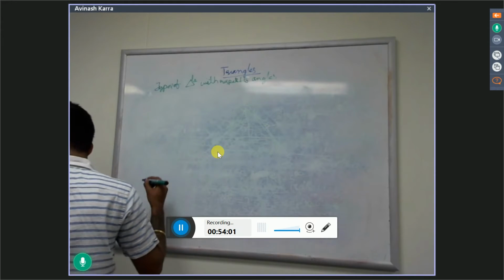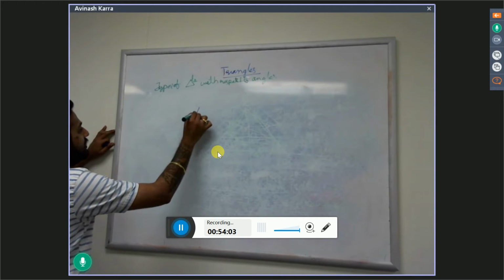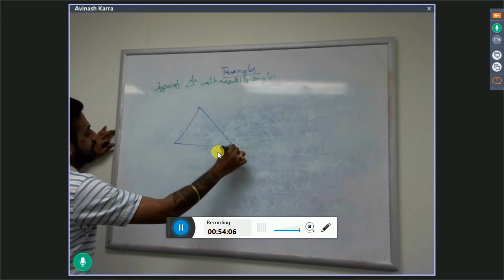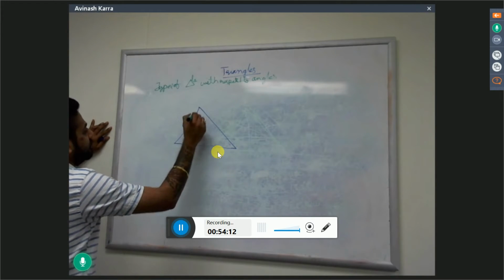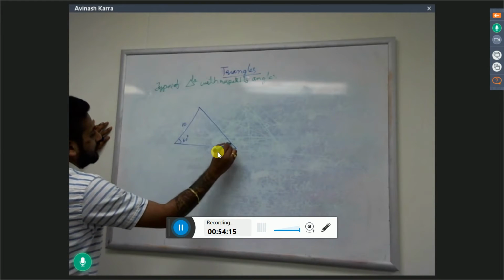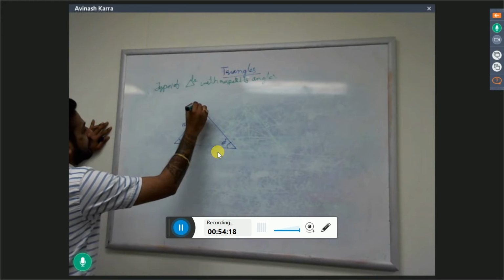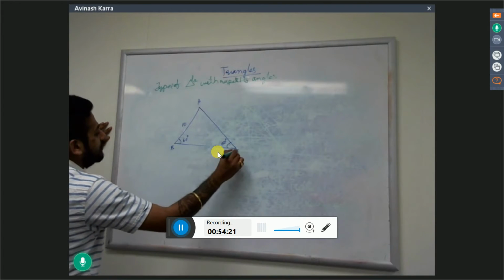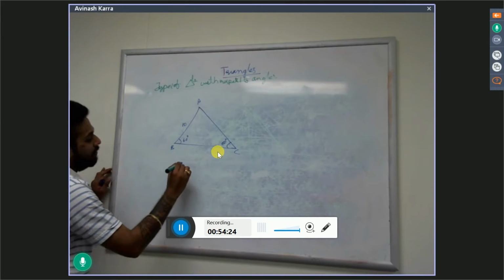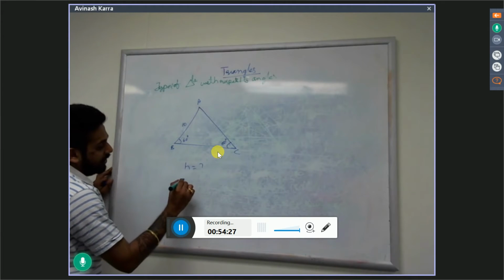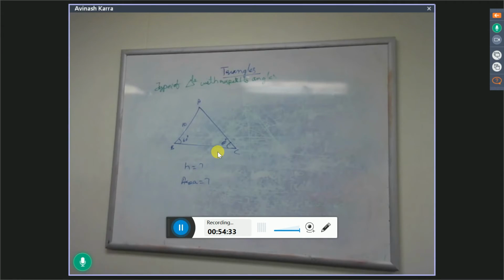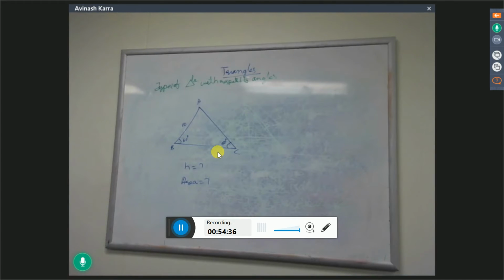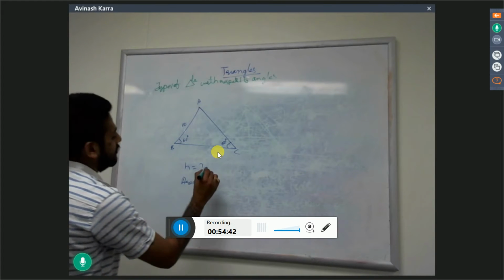How, into the area of, in this I want height and base. Can you guys please know the formula?